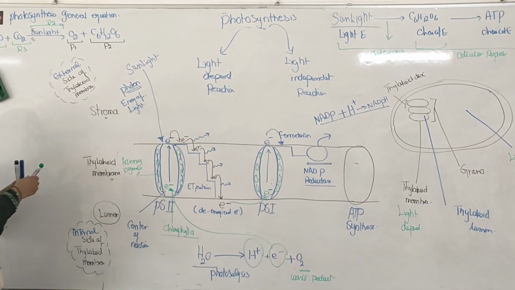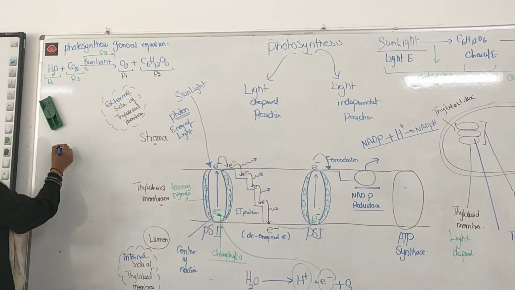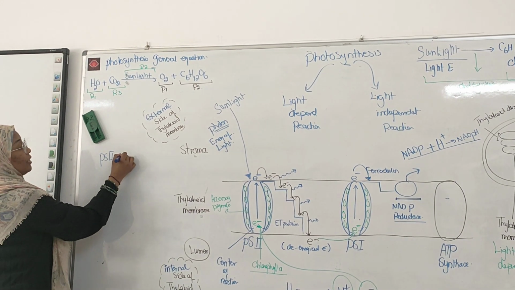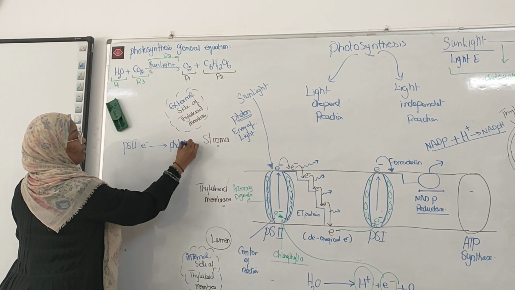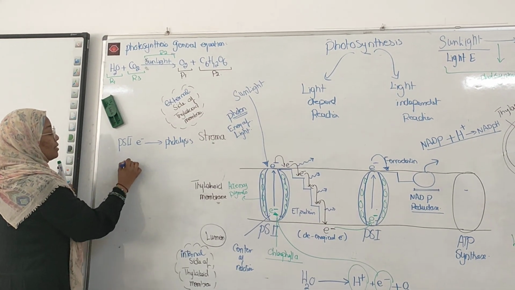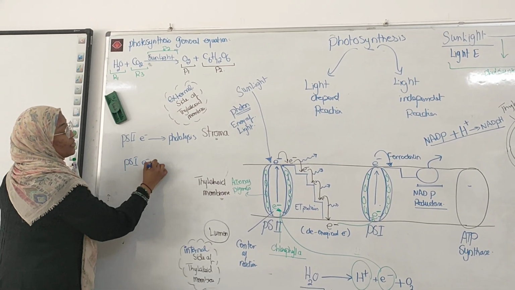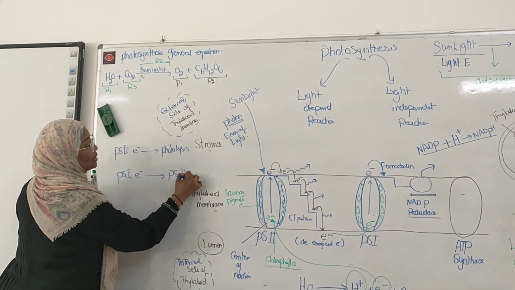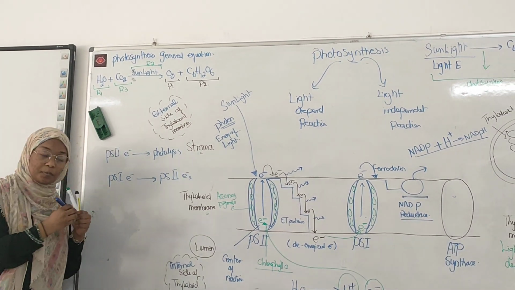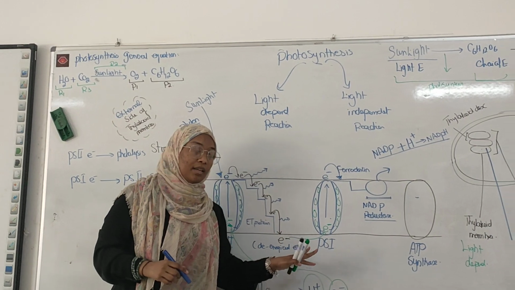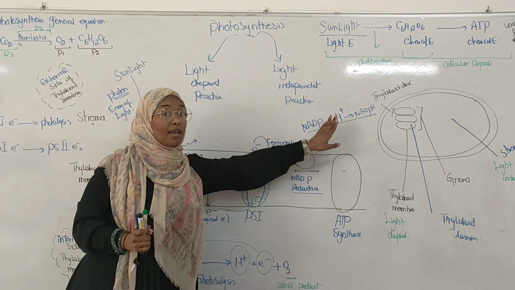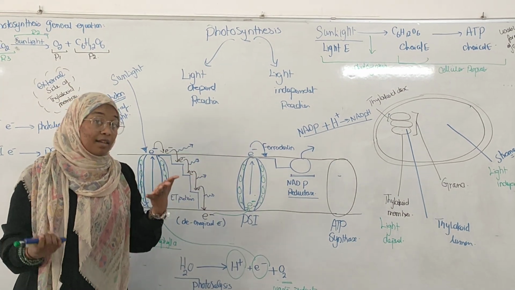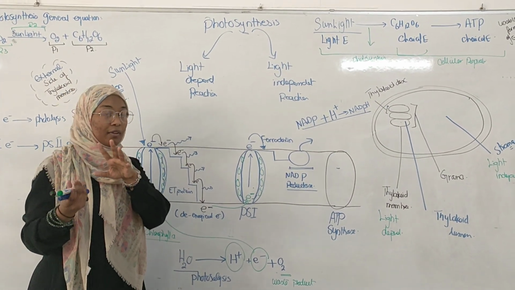Photosystem 2 electrons are restored during photolysis, and photosystem 1 electrons are restored by photosystem 2 electrons. Okay, this is regarding restoring the electron, and now you form NADPH, which is the main product of the light-dependent reaction.